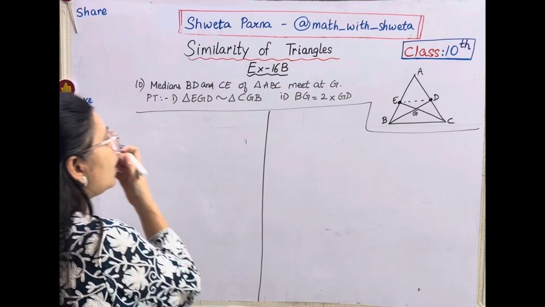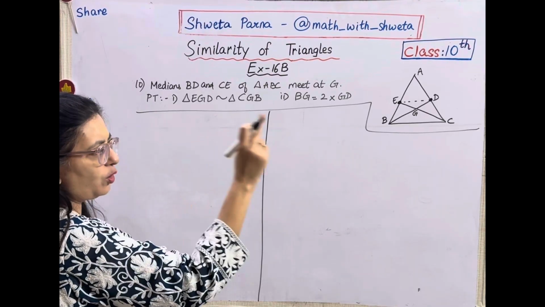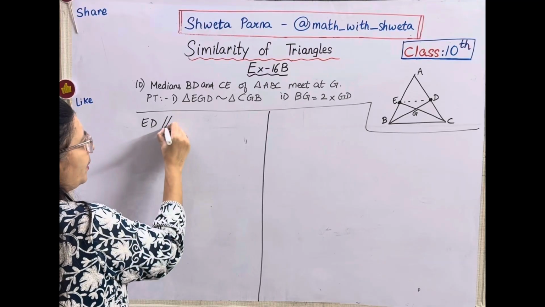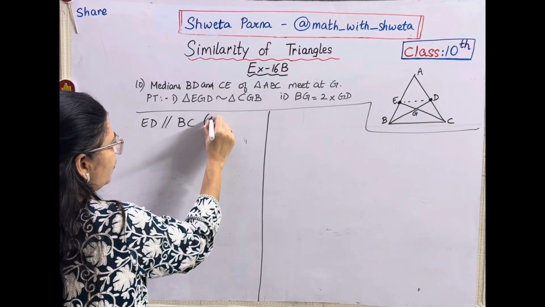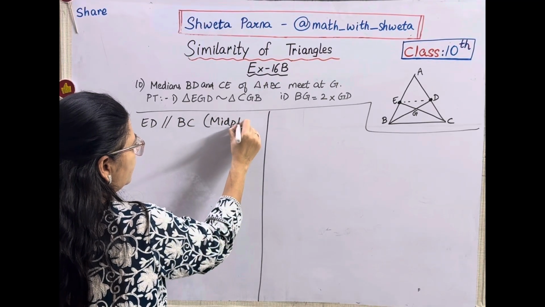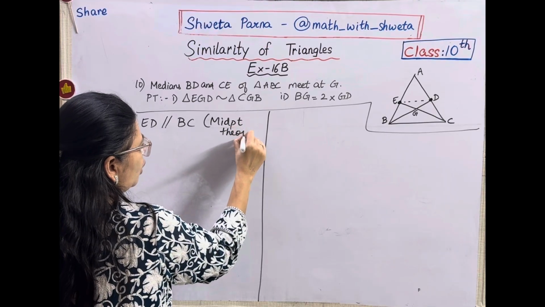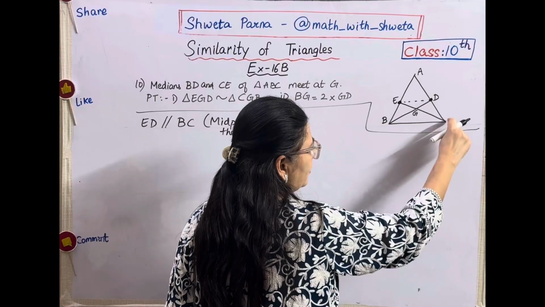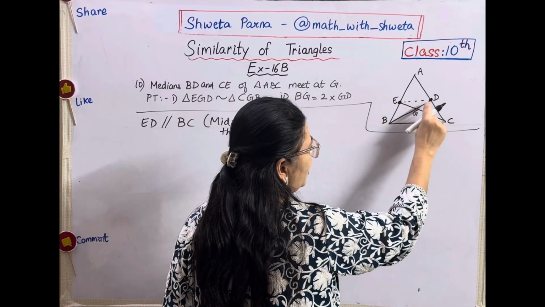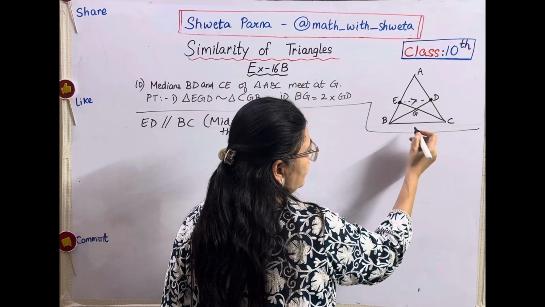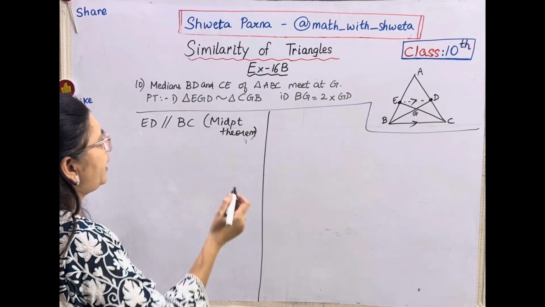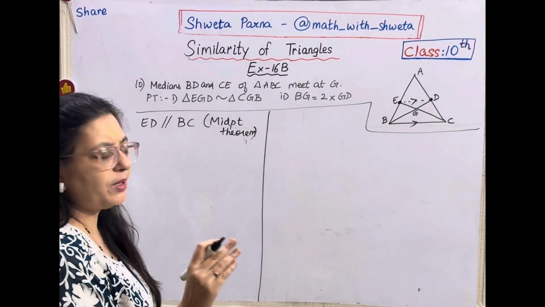So, as per midpoint theorem, if there are two midpoints, what will happen? ED will be parallel to BC. You will write midpoint theorem. What was midpoint theorem? If one side of a triangle has a midpoint and another side also has a midpoint, then the line joining them will be parallel to the third side. So ED is parallel to BC.